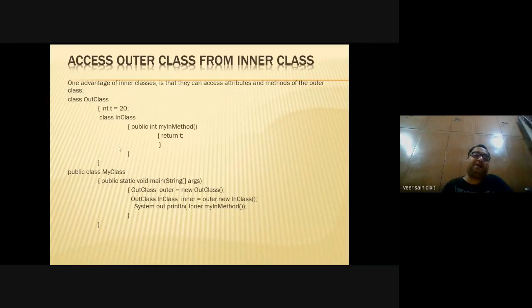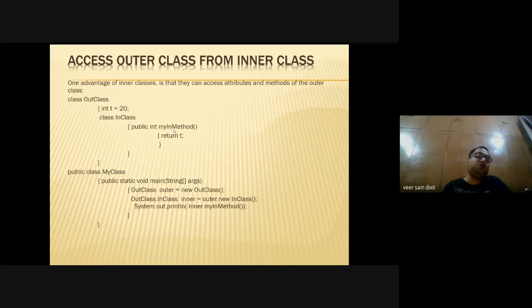Here we have created an outer class. The name of that outer class is OutClass, in which there is a variable t of type integer. There is an inner class in which there is a method myInMethod. This method is public, because through this method you are accessing the variables and methods of the outer class.